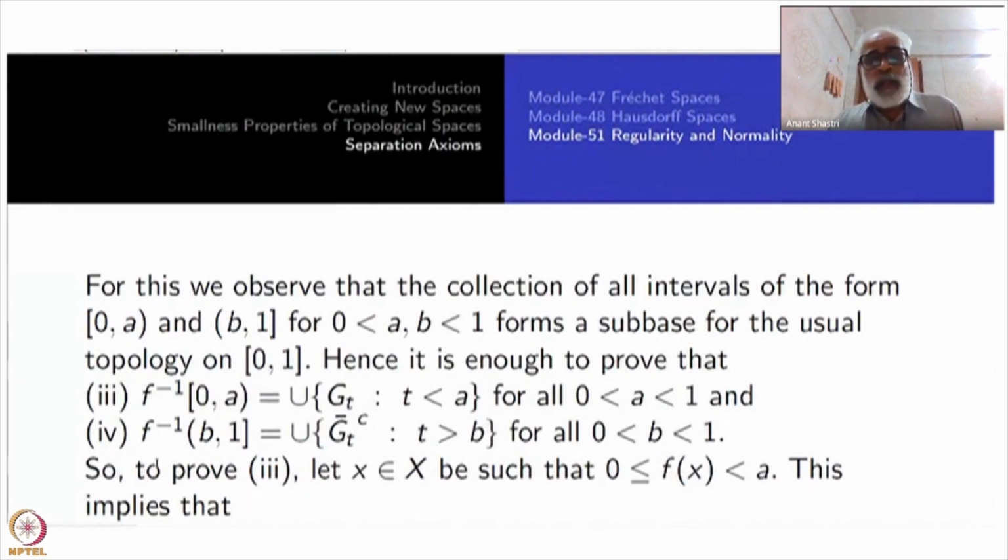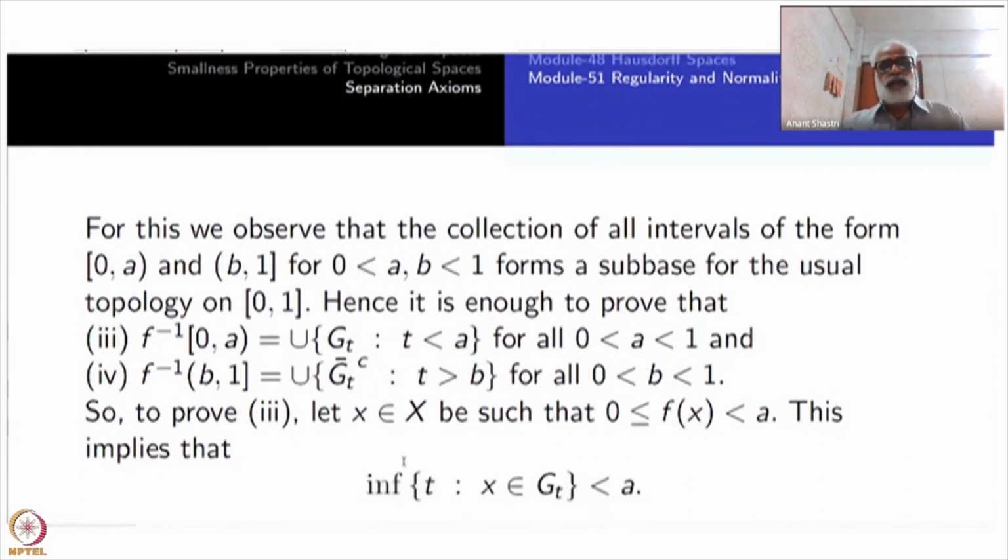Similarly, f inverse of (b, 1], I am going to prove, is the union of all G_t bar complement. You see, G_t bar is closed, so the complement is open. Again, this is an open subset, but this time t is strictly bigger than b. Okay? So if I prove 3 and 4, the theorem will be complete.